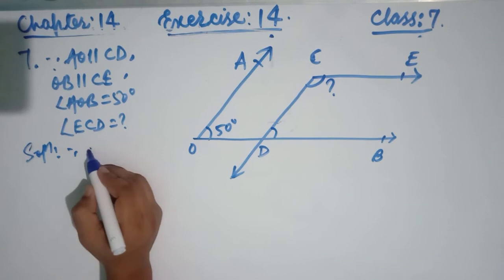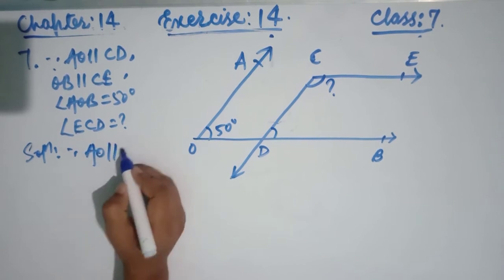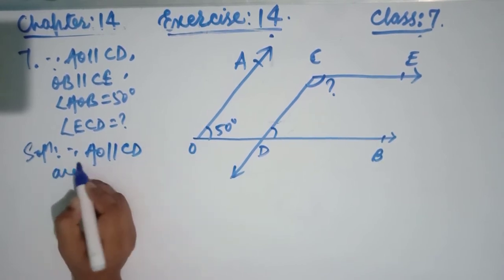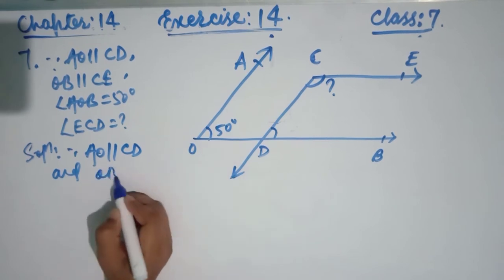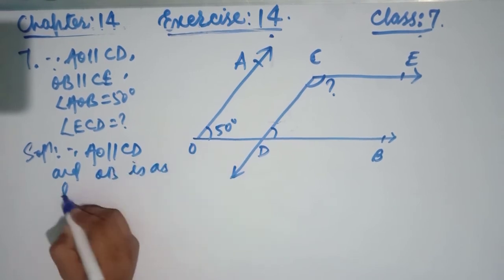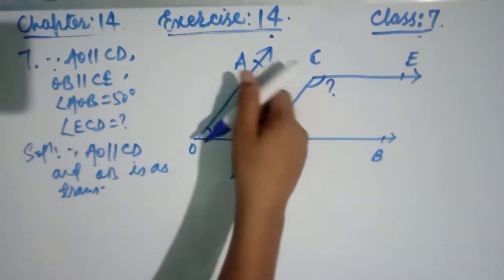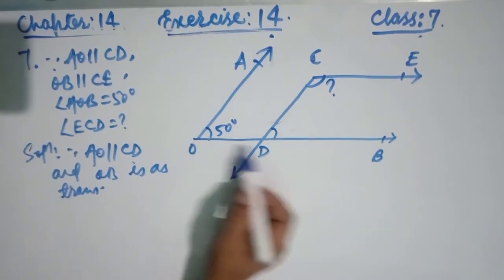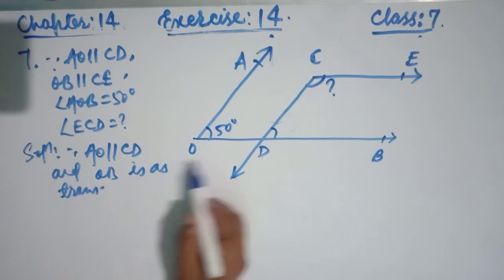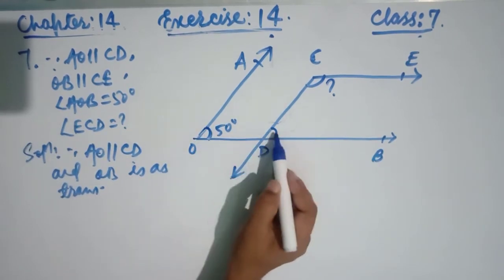Now since AO is parallel to CD, we can consider OB as the transversal. Look at this line and this line, they are parallel and this is the transversal friends. OB is the transversal, then both these angles are corresponding angles.